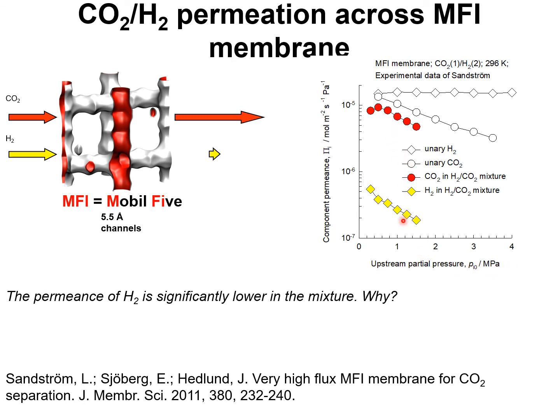The mixture permeation experiments were performed with equal partial pressures of CO2 and hydrogen in the upstream compartment. We examine the reason why the permeance of the hydrogen in the mixture is so much lower than the unary permeance of hydrogen.